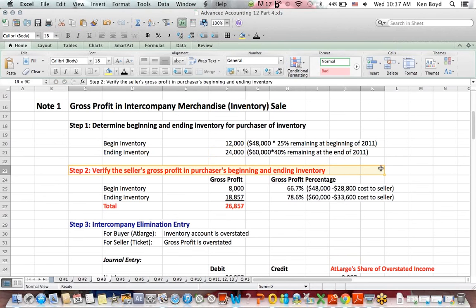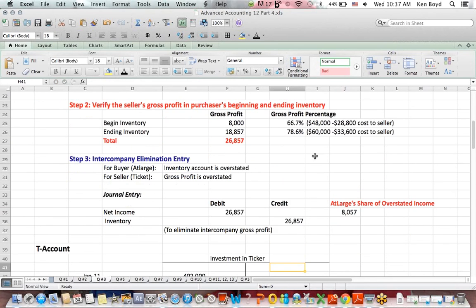The next step is I've got to calculate the gross profit that's in these beginning inventory and ending inventory numbers. So the way to do it is to take the price at which it was sold to the parent, the cost to the seller, take that difference and come up with a gross profit percentage.